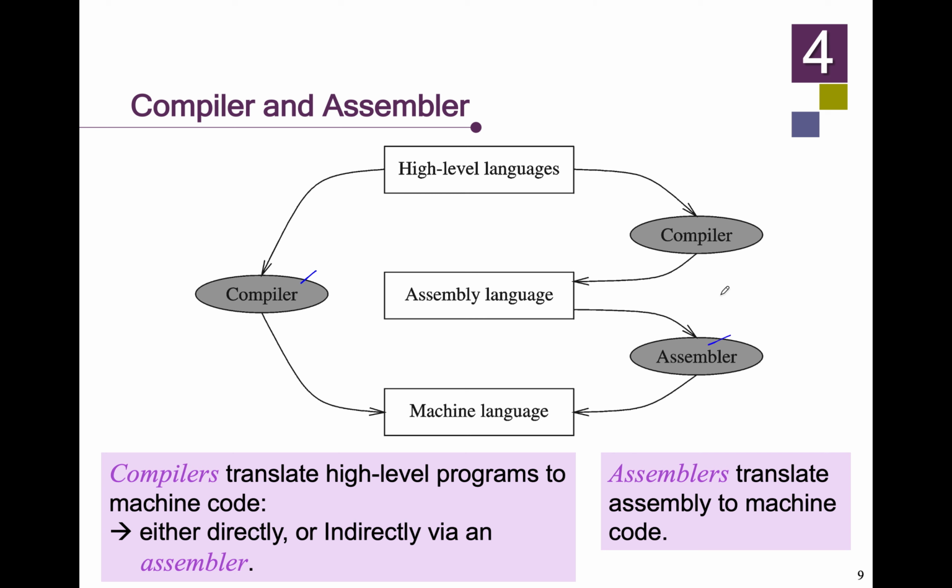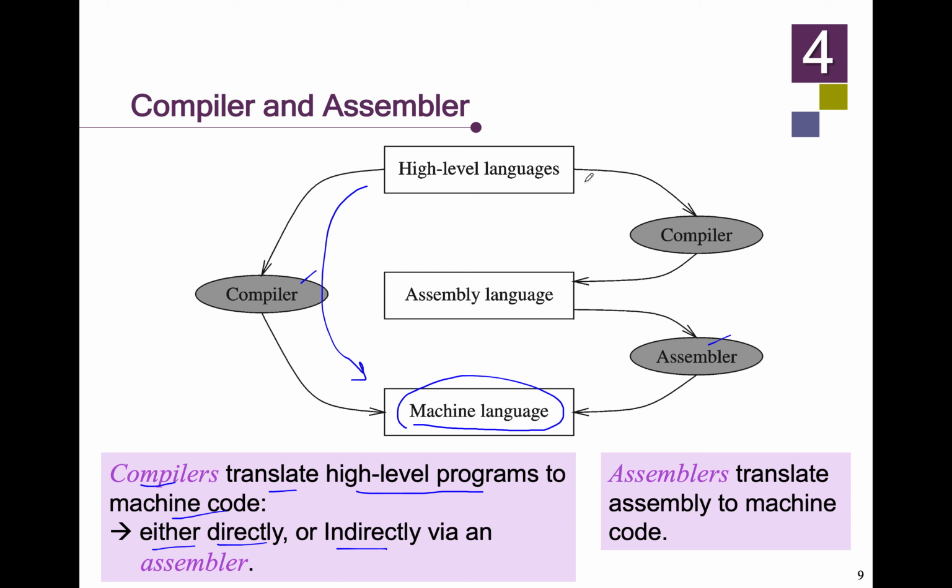Over here you can see there is also a description. The compiler translates your high-level language to machine code. You have two ways: either it is direct, or it is indirect.